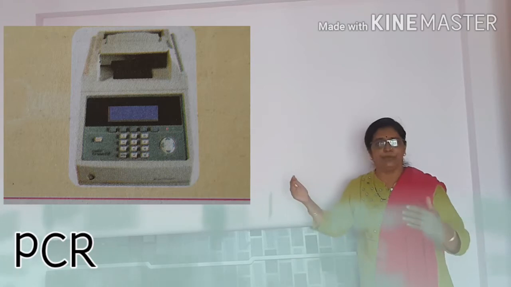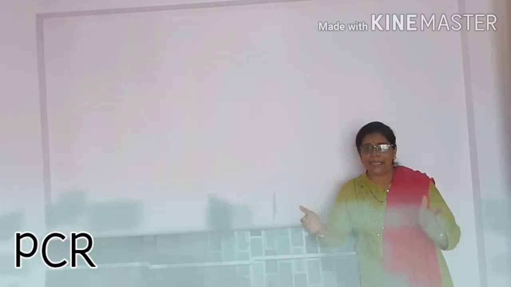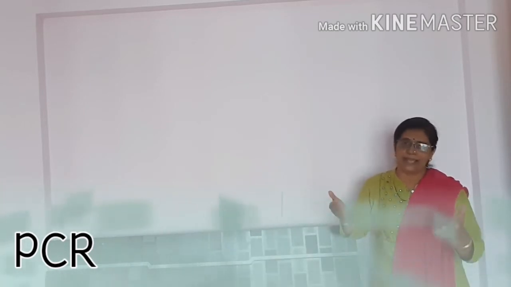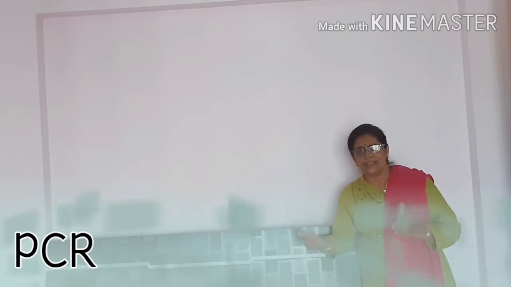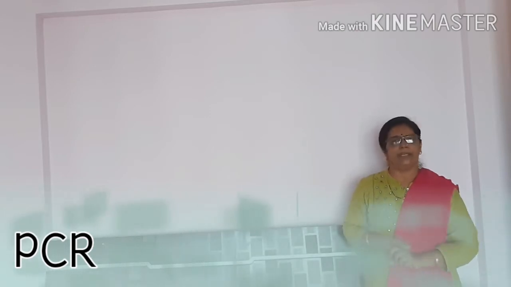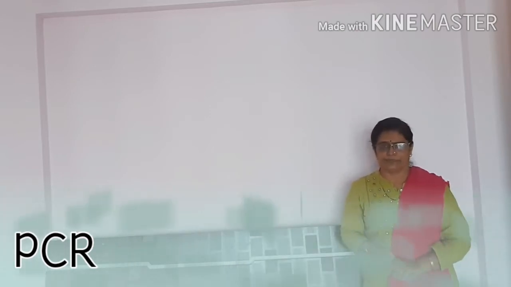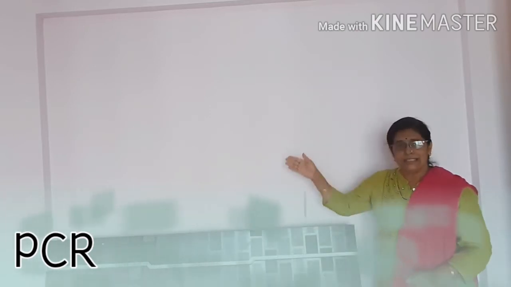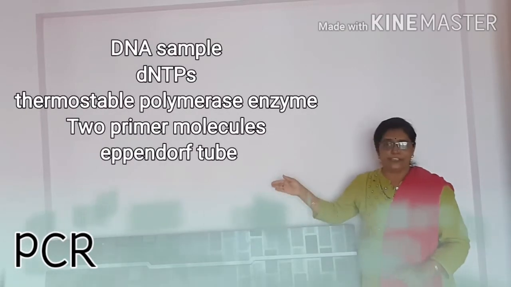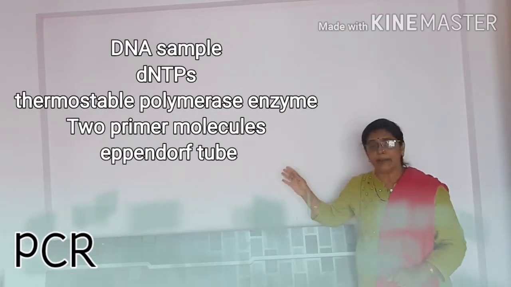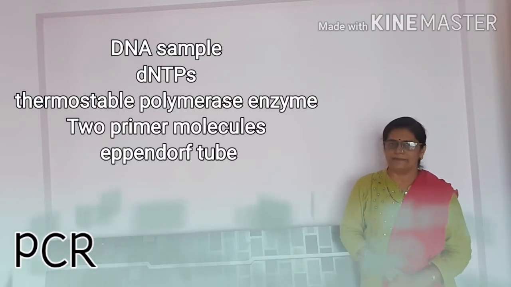In the COVID-19 period also, we wanted to produce the vaccine. A number of copies are needed to produce that vaccine. So this technique is also useful in this COVID-19 period to produce vaccine. Okay, so these are the different requirements for the PCR technique.